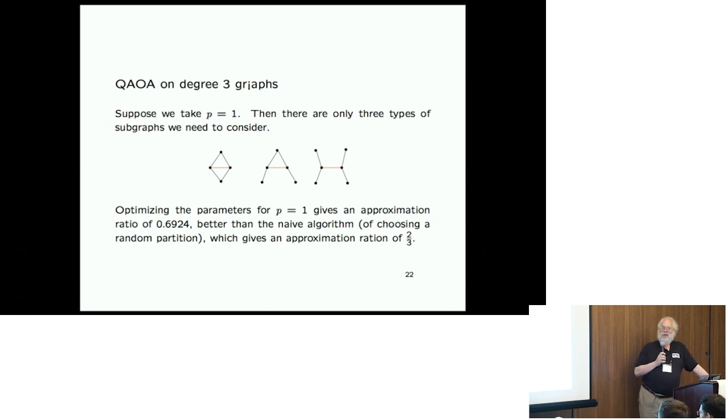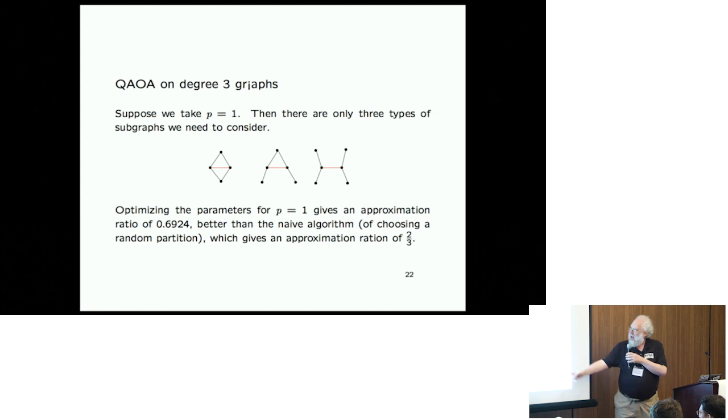Now what they did was they took P equals 1, and if you think about graphs of degree 3 with P equals 1, there are only 3 different possible kinds of subgraphs to consider, and optimizing them, you find the optimal value of beta 1 and gamma 1 that gives you a good ratio for all 3 of these subgraphs.